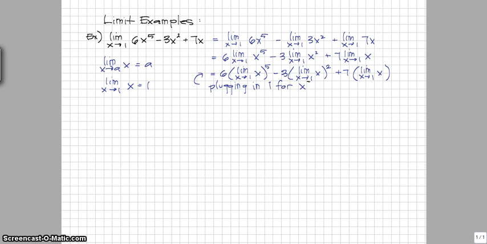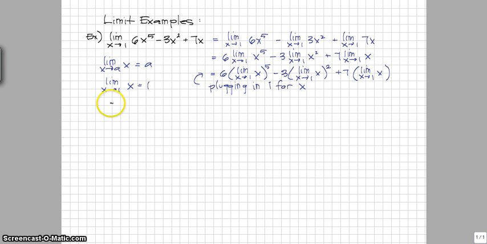And a good question would be, if we're going to plug in 1 for x now, why would we not just plug in 1 for x at the beginning of this problem? And the answer is that we, in fact, should simply plug 1 in for x at the beginning of this problem.